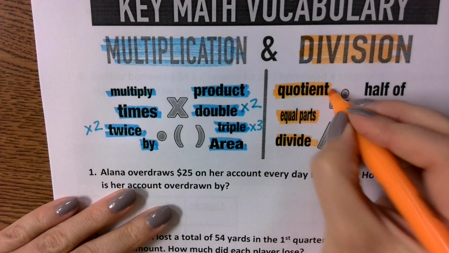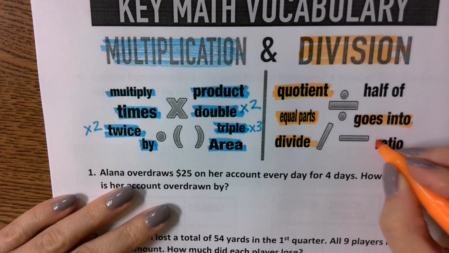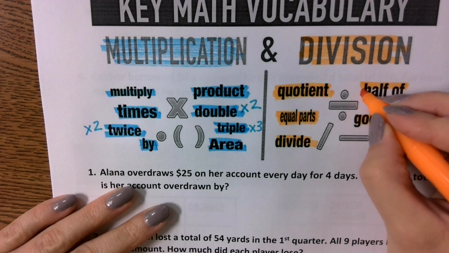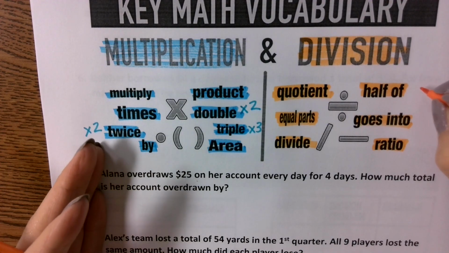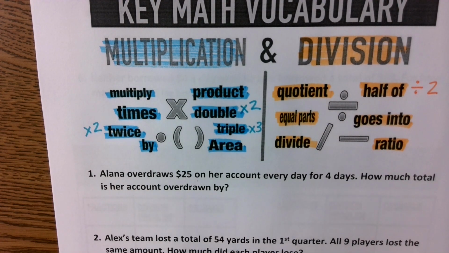Quotient is the answer to a division problem. When we make a ratio, that's a division problem. And then half. If I take half of something, I'm dividing by what specific number? If I'm taking half, I'm dividing by what, William? You're dividing by 2. Very good. If we take half, it means we're dividing by 2.